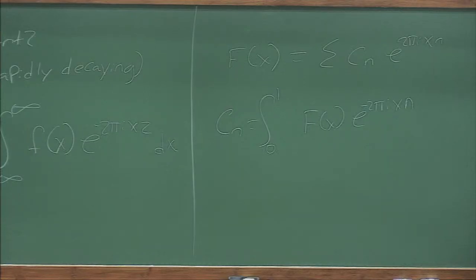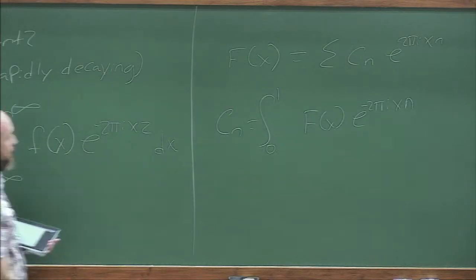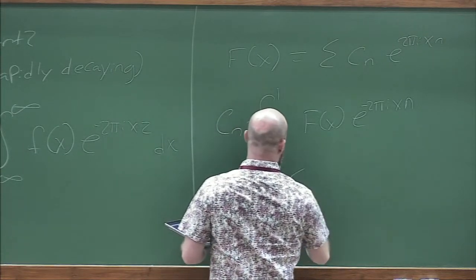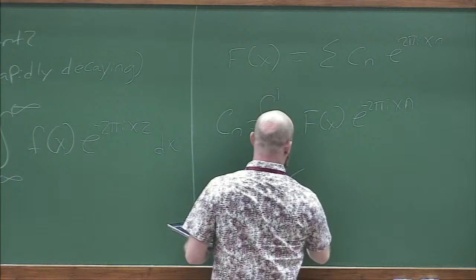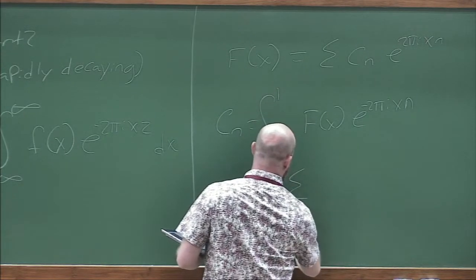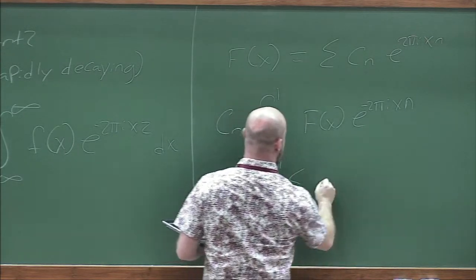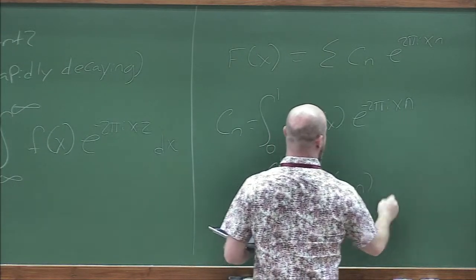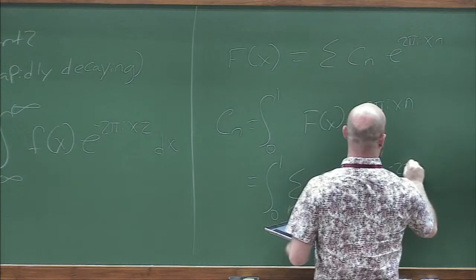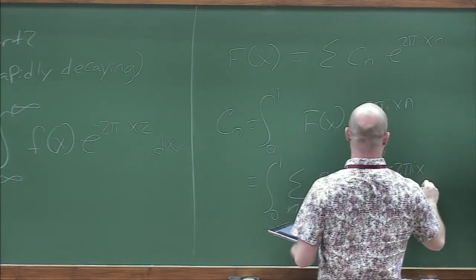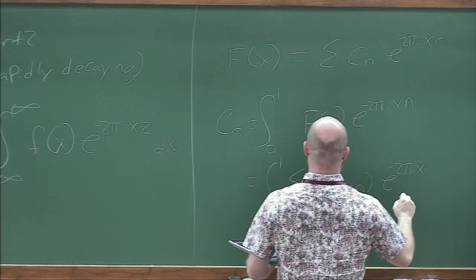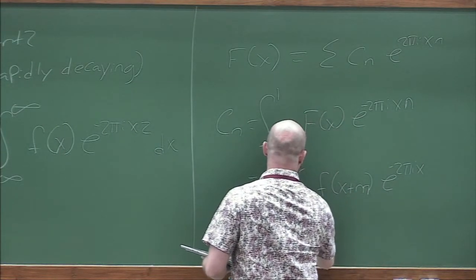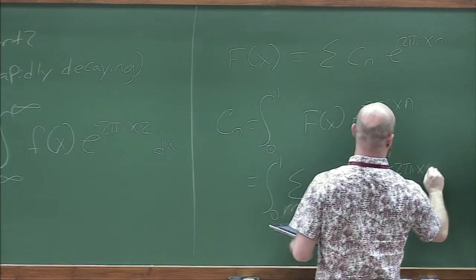Now, the key part here is because we know f of x is a sum of something like this, we plug this formula in there. This will be an integral from 0 to 1 with a sum as n is in the integers of little f of x plus n, e to the minus 2 pi i x n.